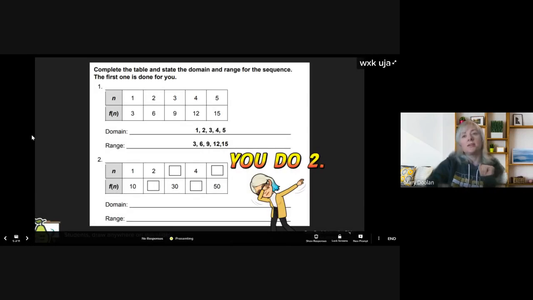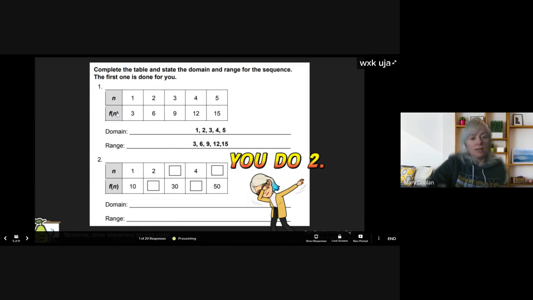All right, so this is our first interactive slide. And so we're going to complete the table and state the domain and range for the sequence. The first one is done for you. So here for number 1, we have a table, okay, and we have the letter n, and then we have f of n. So this should look familiar.